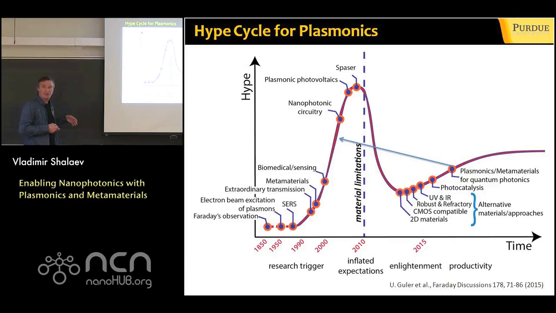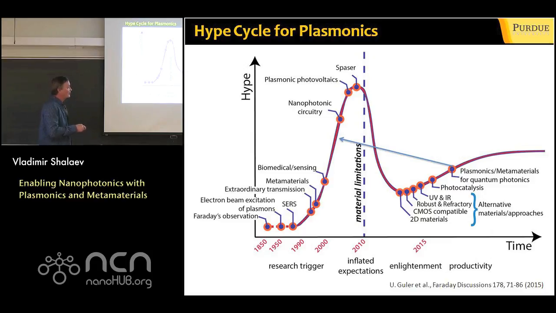We just published, this or last year, I forgot, that titanium nitride could actually be used to dramatically promote the efficiency of photocatalysis. And perhaps one of the most exciting things, on which we spent quite a bit of time, is that plasmonics and metamaterials could make a difference for quantum photonics. And there is no question this is a new emerging technology.